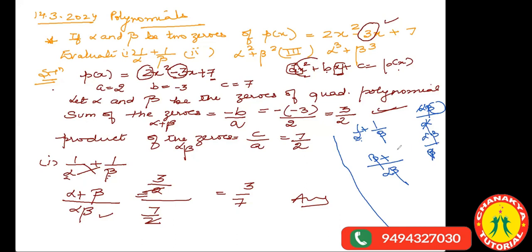Beta beta cancel, it will be alpha only. So alpha plus beta upon alpha beta. Now, sum of the zeros alpha plus beta is 3 by 2, and product of the zeros alpha beta is 7 by 2. 2 cancel. So answer would be 3 by 7. Now this part is clear to all? Yes, ma'am.